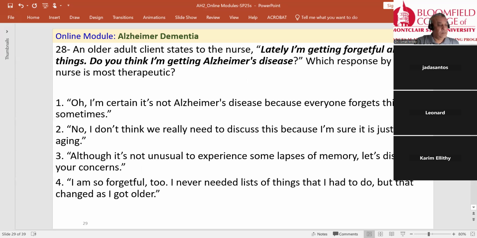An older adult client states to the nurse, "Lately I'm getting forgetful about things. Do you think I'm getting Alzheimer's disease?" Which response by the nurse is most therapeutic? Number 3. Yes.